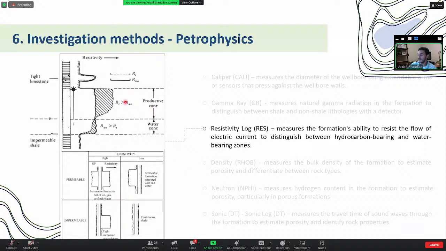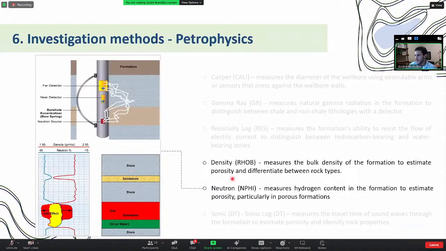We also have density, basically tools that help us measure the bulk density of the formations. Of course, if you have two sandstones, one more porous with more empty space, it has a lower density.